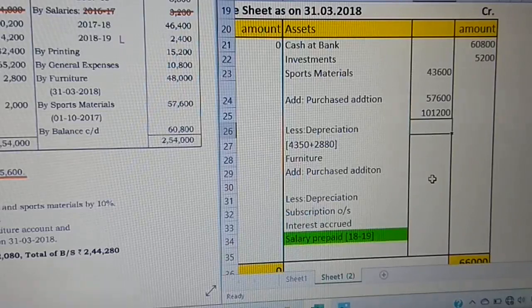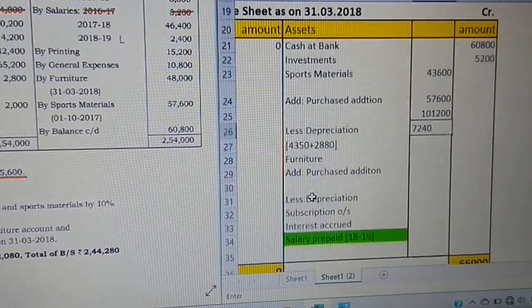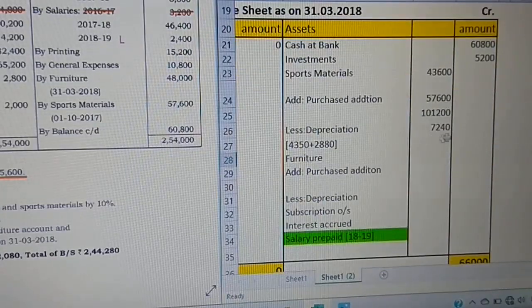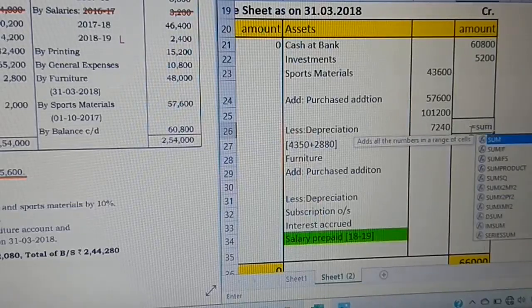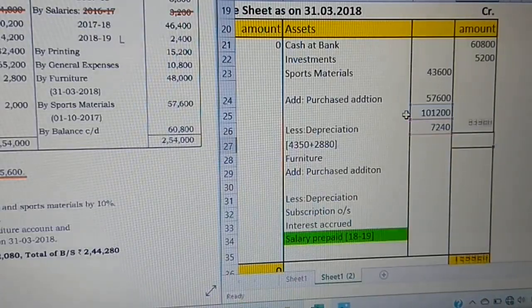So just observe, 7,240 is the value that I'm going to take. So after this deduction, what is the amount we are going to get? That should be in the outer column. So I get 93,960. So we have completed with the sports material.